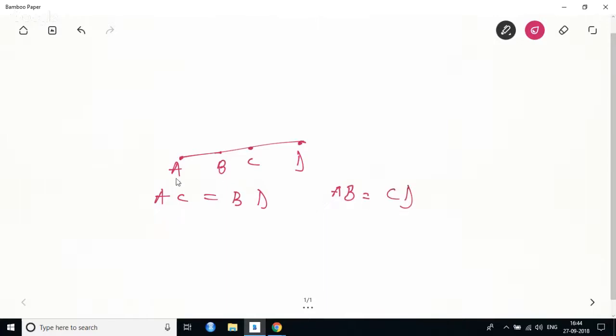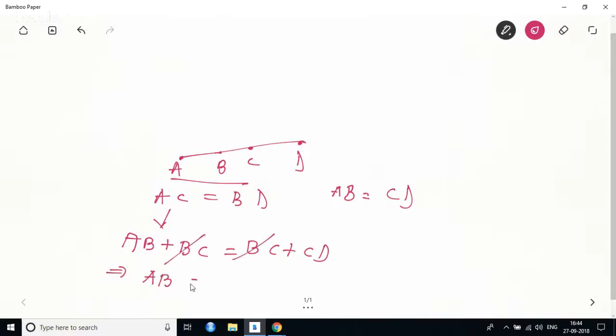So try to understand, AC can be written as AB plus BC and BD can be written as BC plus CD. Now on both sides BC is cancelled, so AB comes out to be equal to CD. This is what you need to do. So whosoever has asked, please note how the solution can be done to this question.